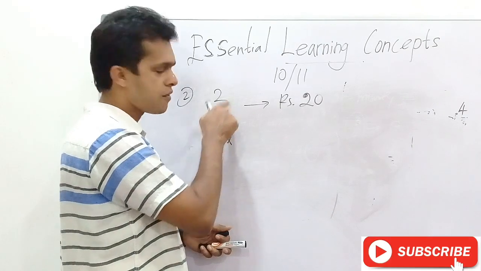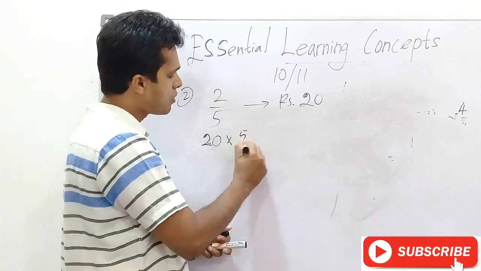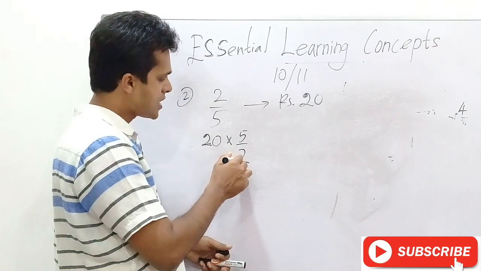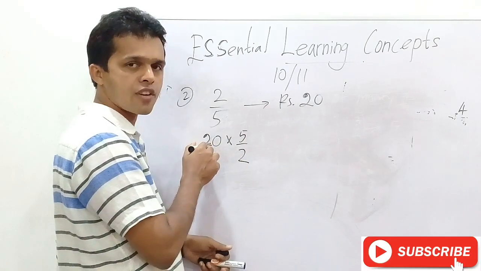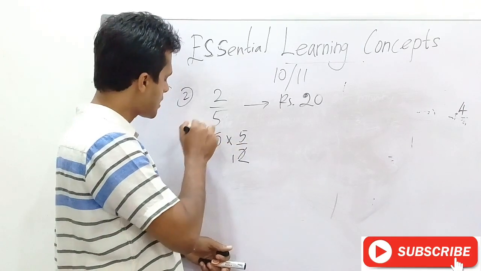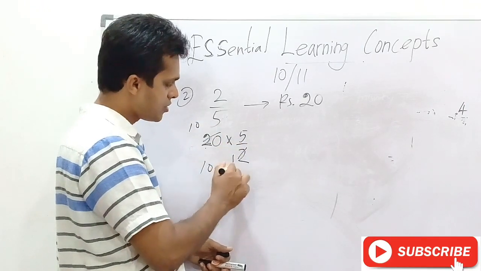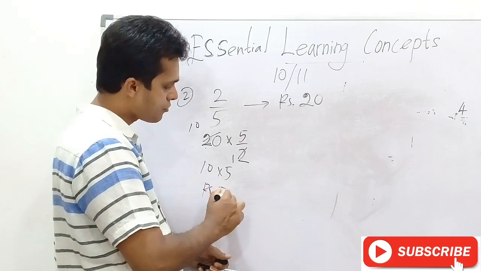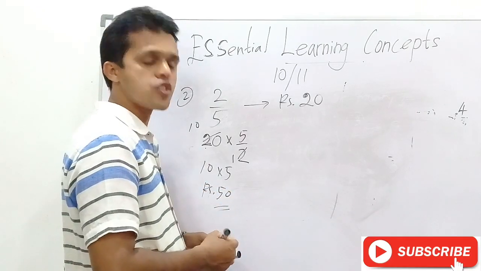What is the reciprocal of 2/5? 5/2. Now simplify. 2 is a multiple of 2, 20 is a multiple of 2, therefore it can be divided: 1 time and 10 times. 10 times 5, 50. So the full amount is 50 rupees.